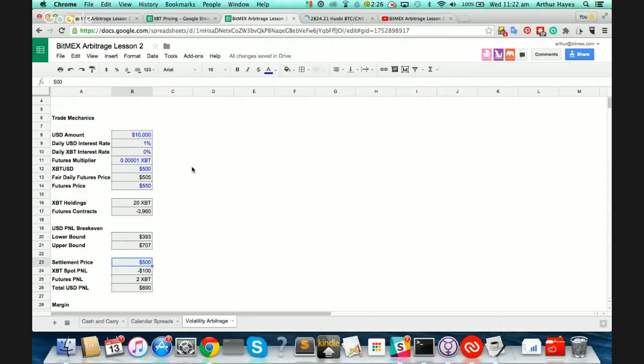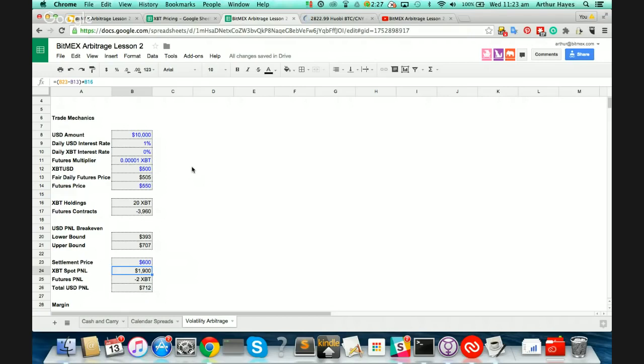As the price goes down, let's say 450, your total US dollar profit starts going down. In that fashion. And similar on the way up. You start to make less and less money.